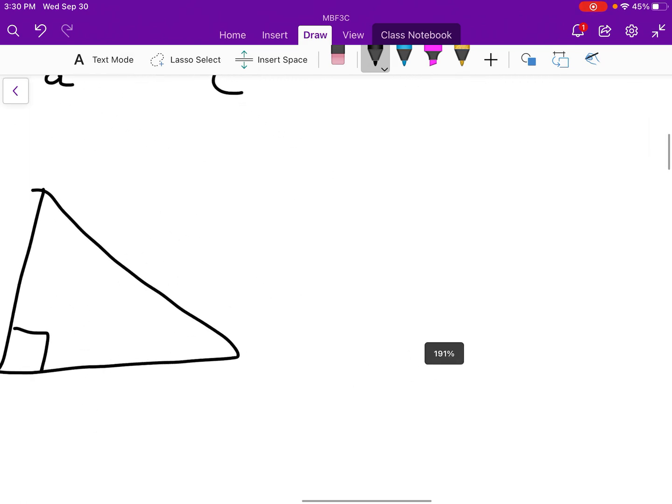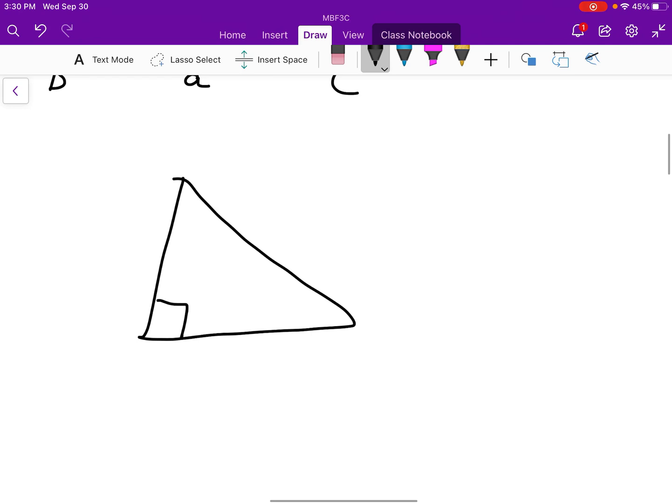Another way we're going to be identifying triangles: a right angle triangle always has a hypotenuse. The hypotenuse is always opposite the right angle. But then we have two other names for the other sides, and they depend on what we're looking at.